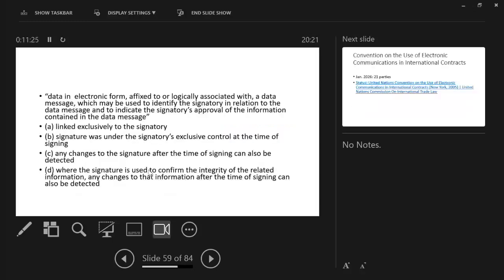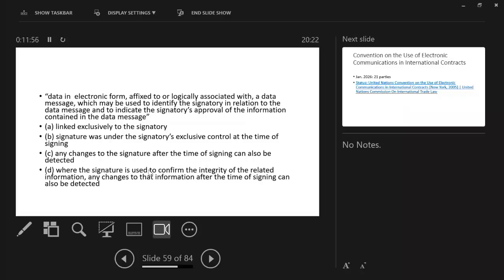Data in electronic form affixed to or logically associated with a data message which may be used to identify the signatory in relation to the data message and to indicate the signatory's approval of the information in the data message. Think of our discussion around chops and signatures and biometrics. Linked exclusively to the signatory. Signature was under the signatory's exclusive control at the time of signing.